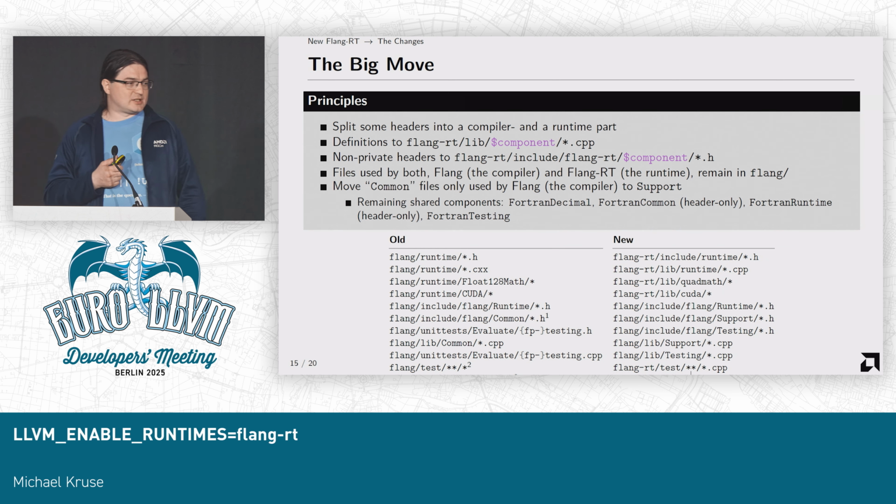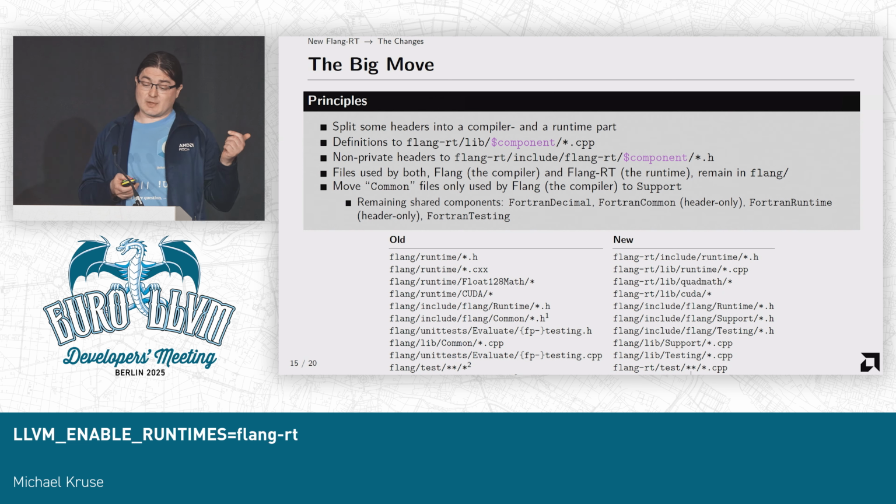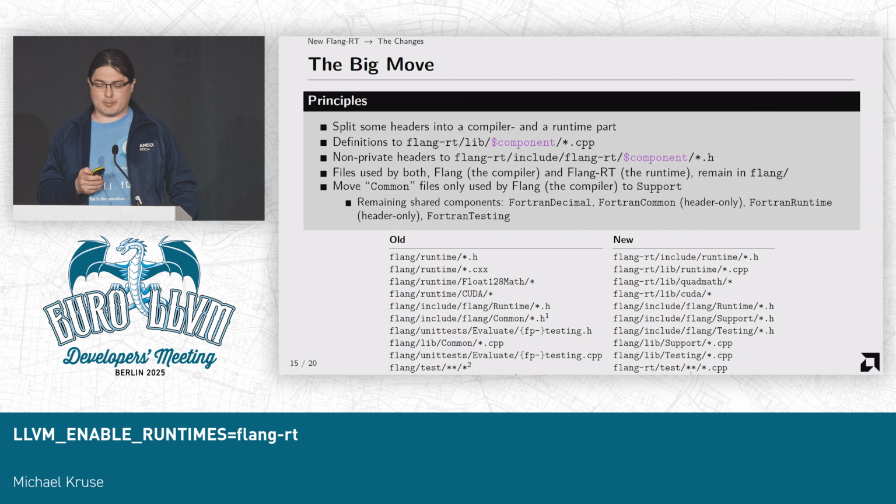And at some point, there had to be a big move of all the source files. For me, it was important to have a clear separation, because there were cases where you had a header file which included both things that you could only use in the runtime and things that are only in the compiler, and I really tried to get them split apart.